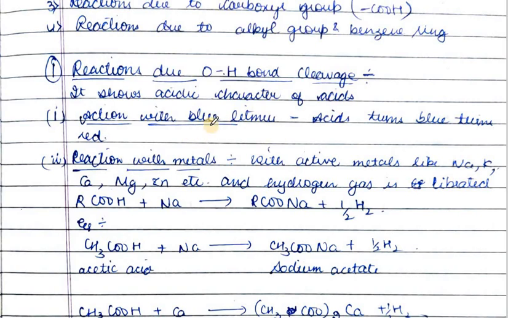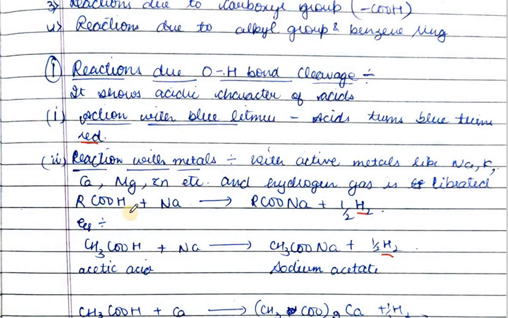When blue litmus solution is added to the carboxylic acid solution, it turns blue into red, which indicates its acidic nature. And similarly, if these are treated with active metals like sodium, potassium, calcium, magnesium, zinc, etc., then hydrogen gas is liberated, which again shows its acidic character.